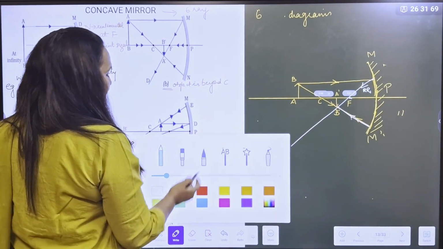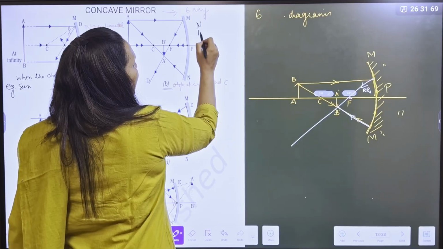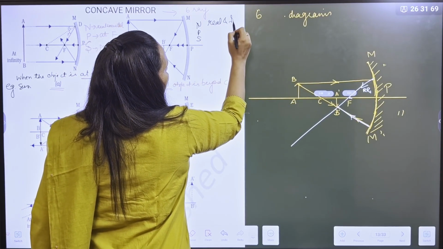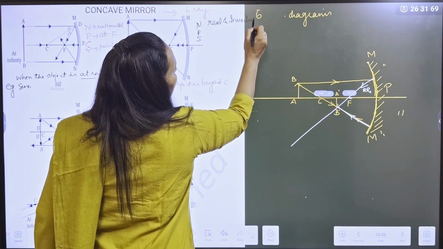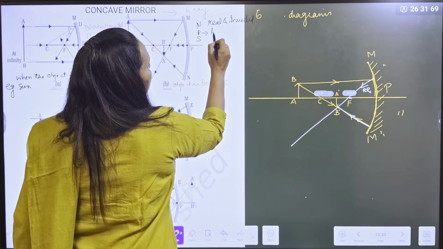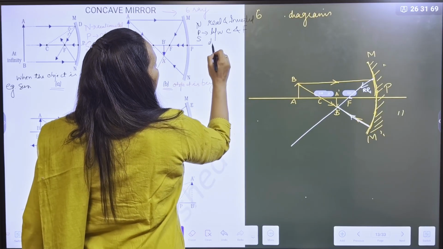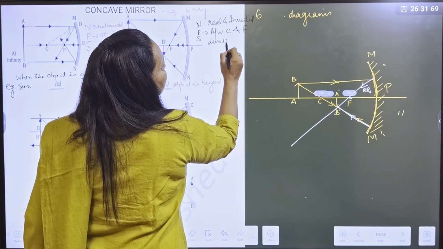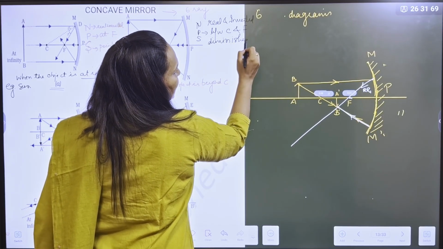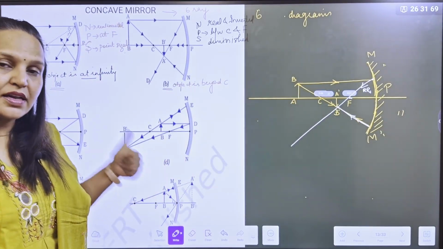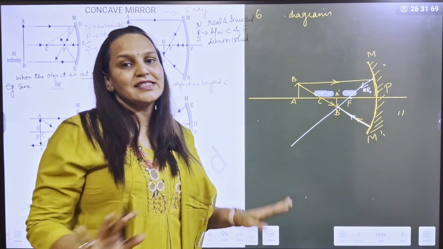What is NPS? Nature is real and inverted. Position between C and F. And size diminished. Diminished means it is smaller than the object. Am I clear? 100% sure? Don't change the measurement.